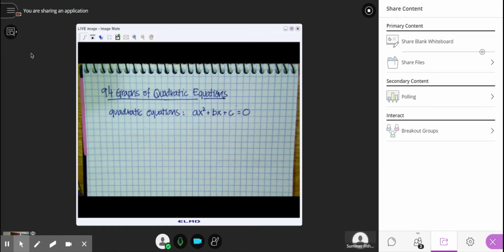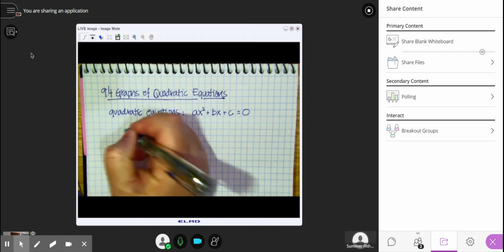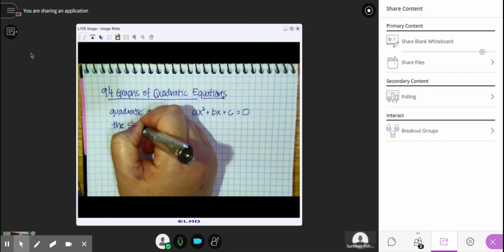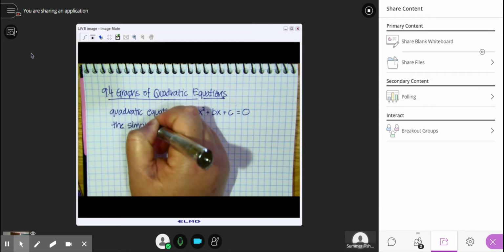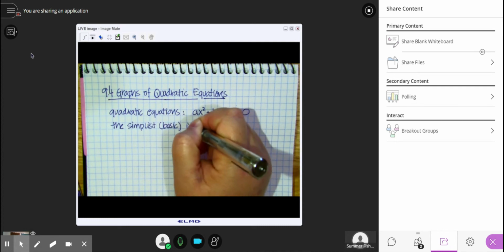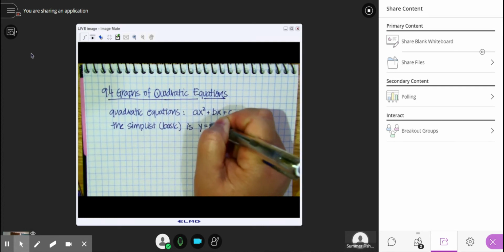We've been looking at those for the last couple of days. The simplest or most basic is y equal to x squared.